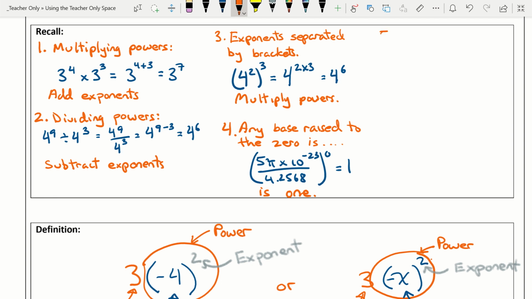And last thing we want to touch on is what do we do with negative exponents?